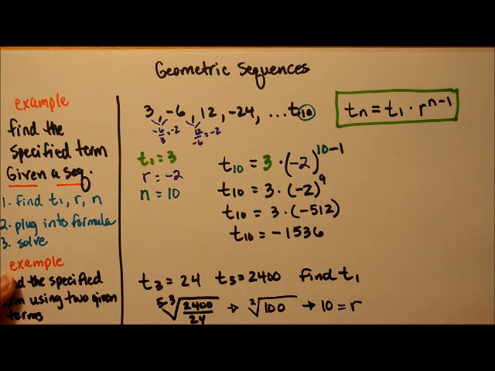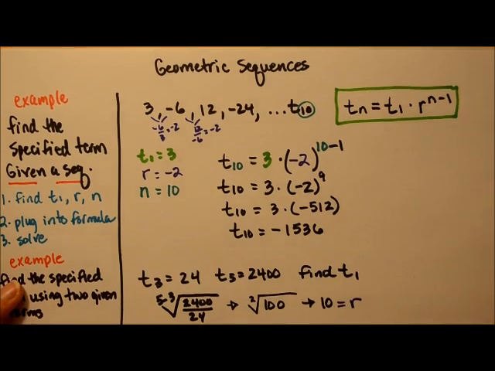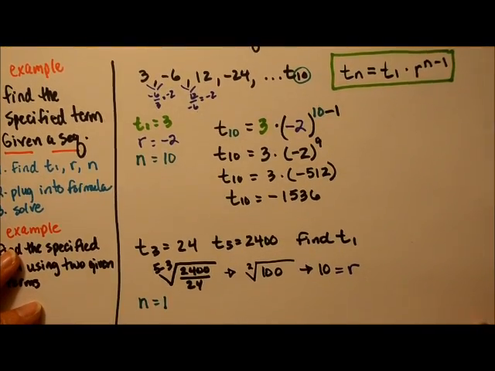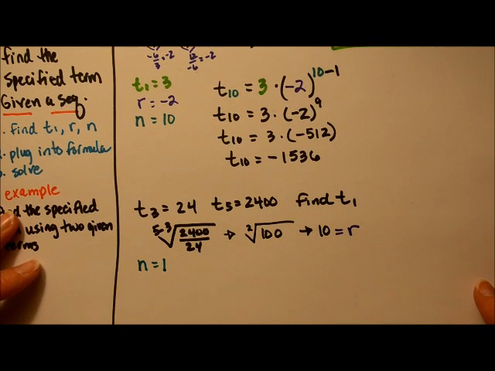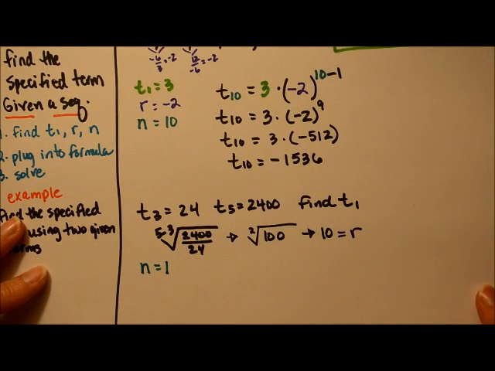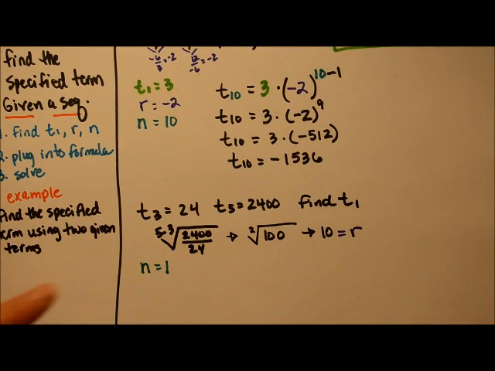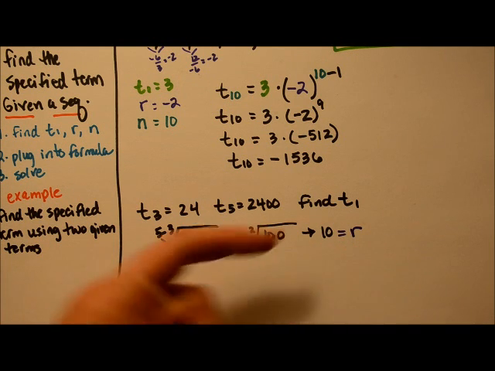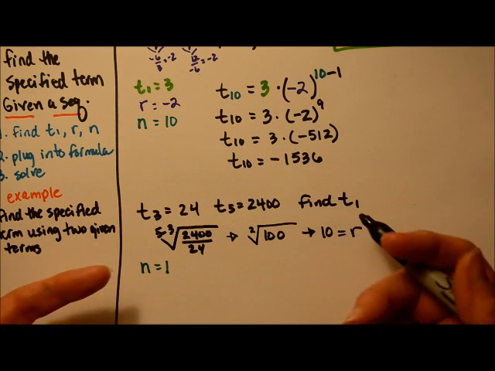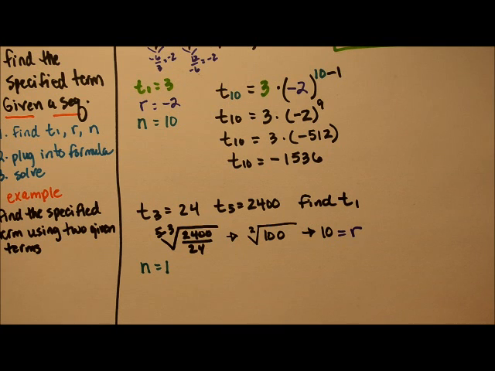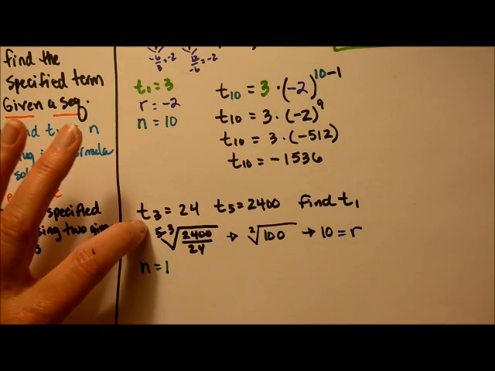But that's not going to help me because I need T1, and I have n is 1 and r is 10, but that's not going to help me find T1. I need to think about it a little bit more. I have T3.